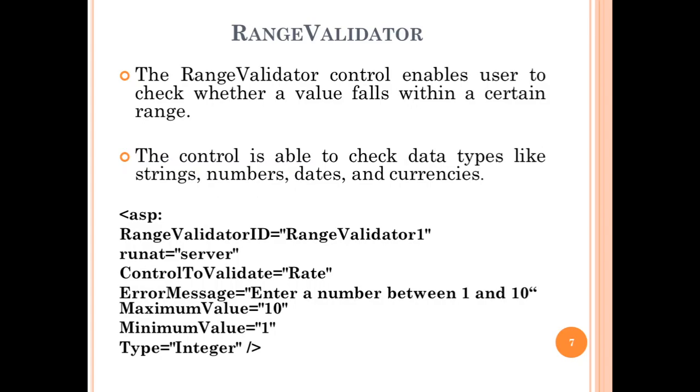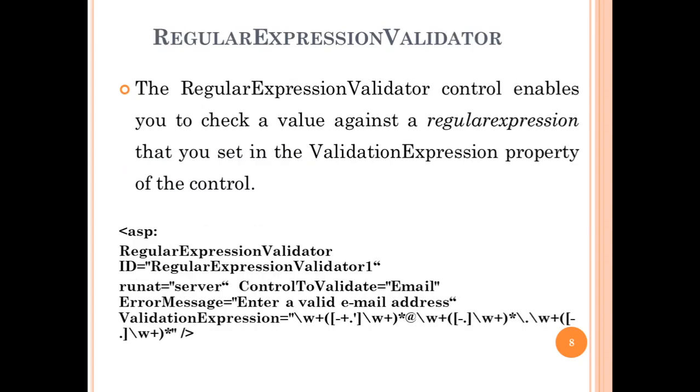When you use this range validator, the important properties are control to validate, where you specify which control needs to be validated, and the error message. And what is the range? Here you have to fix the minimum and maximum value, and after that you have to fix the type of the range.